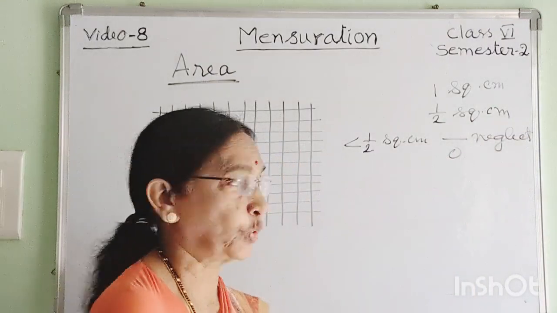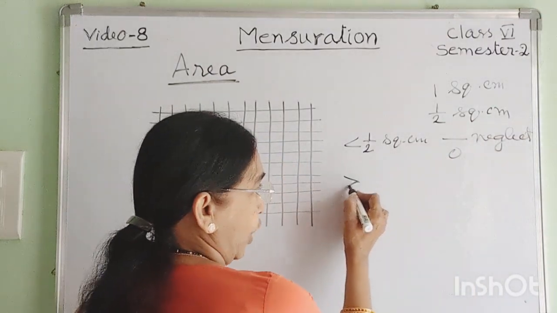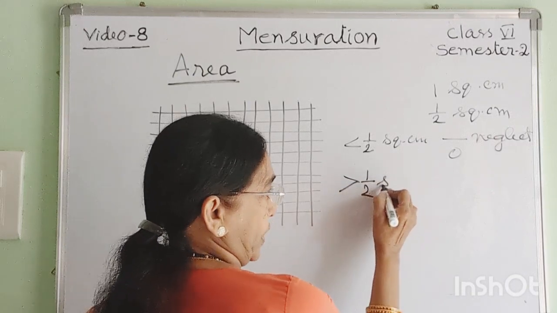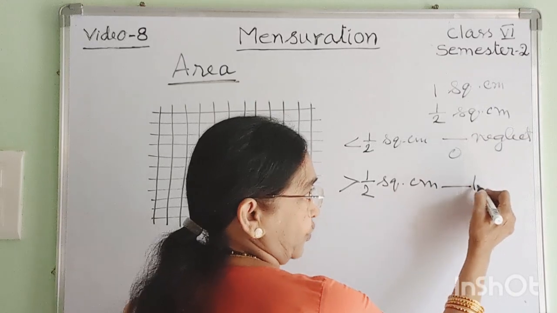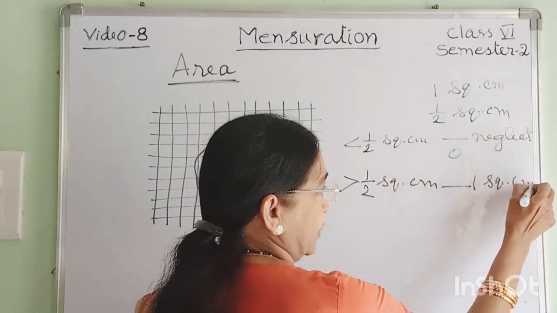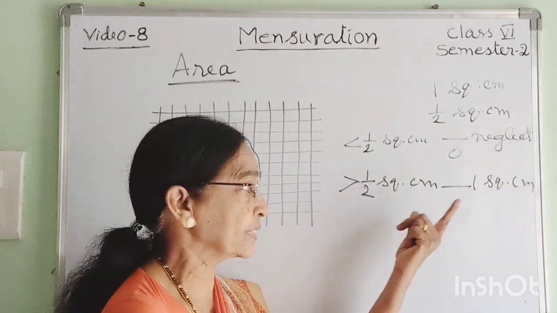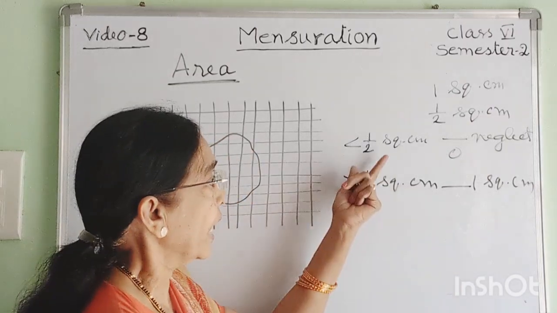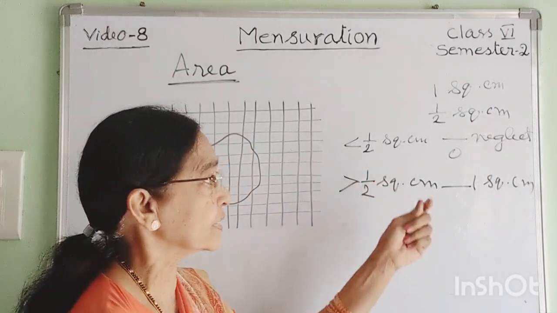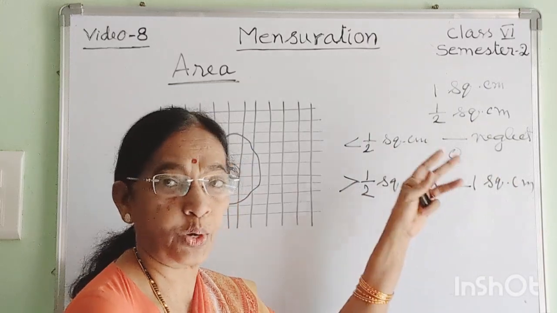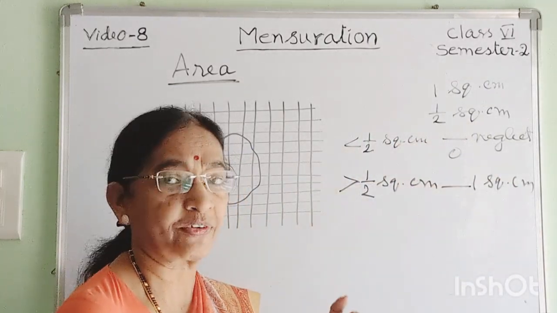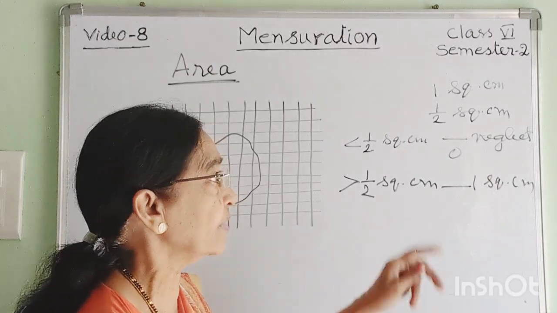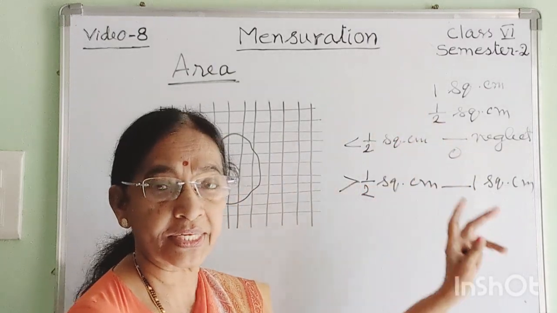We take it as 0. If it occupies greater than half a square centimeter, we take it as 1 square centimeter.